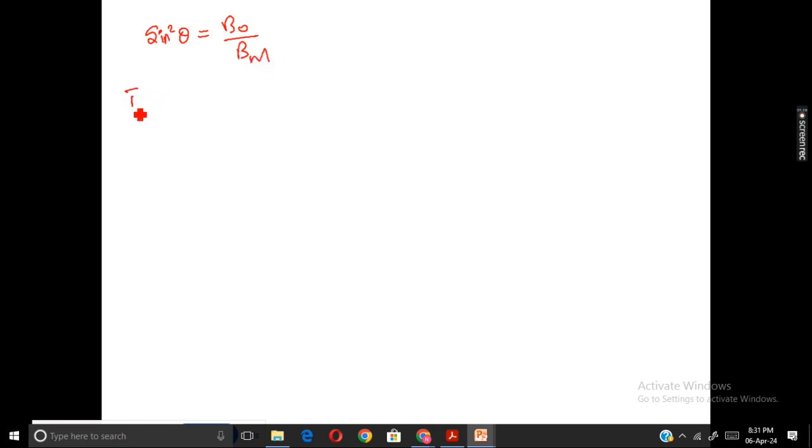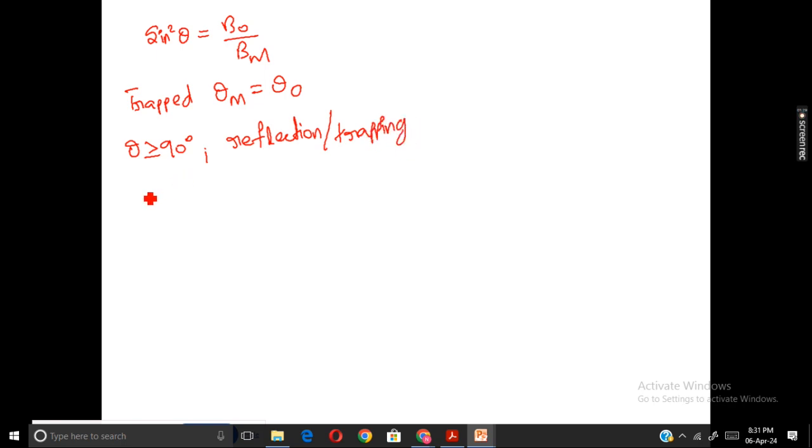So the particle will be trapped within the magnetic field when theta m is equal to 90 degrees. Whenever theta is greater than or equal to 90 degrees, reflection or trapping occurs, and when theta is less than 90 degrees, the particle is lost.